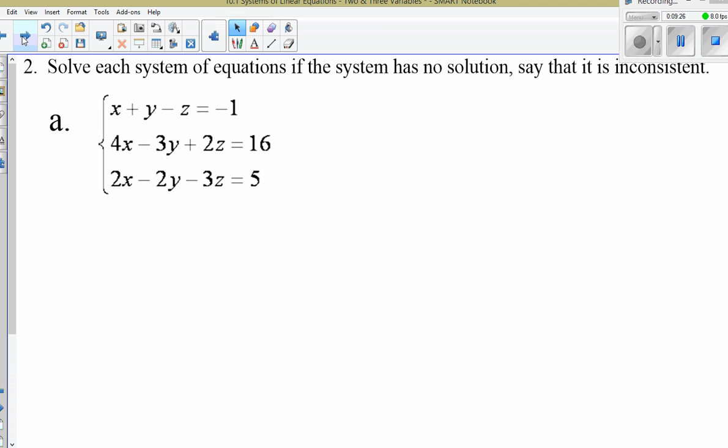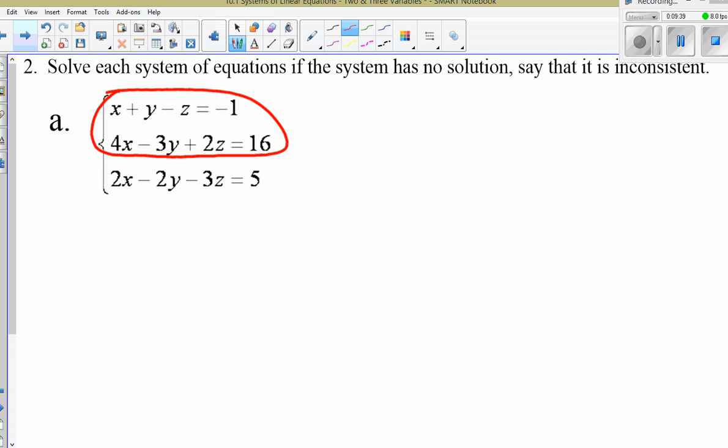So just like we did before, we're going to want to step through this, and we're going to want to try and eliminate x first. Well, let's first eliminate x dealing with these two equations. To do so, I'm going to multiply the top one by negative 4 to match up with this 4x. So I'm going to get negative 4x minus 4y.